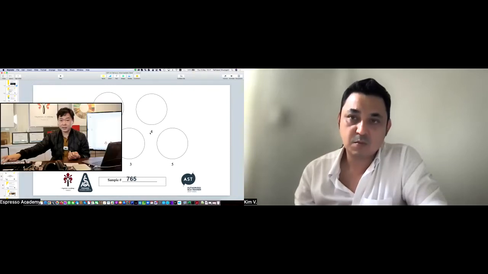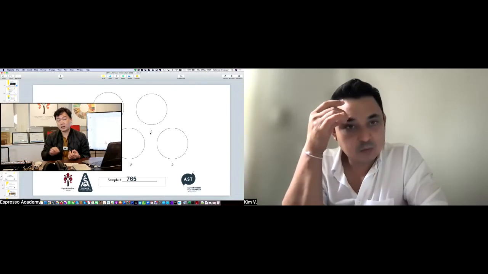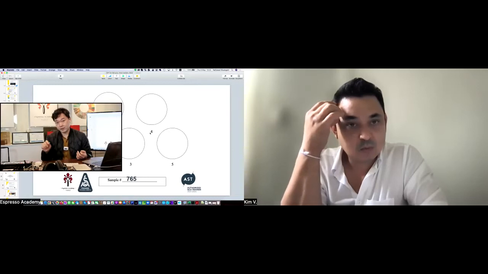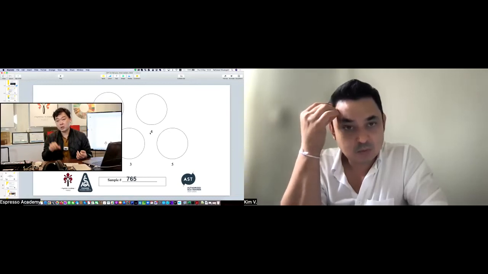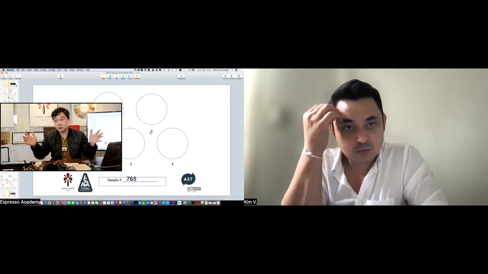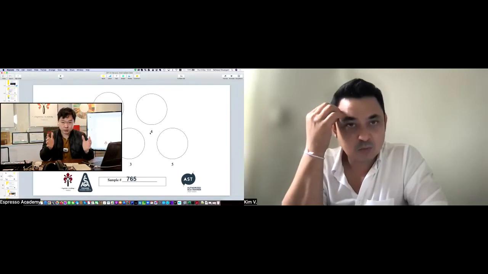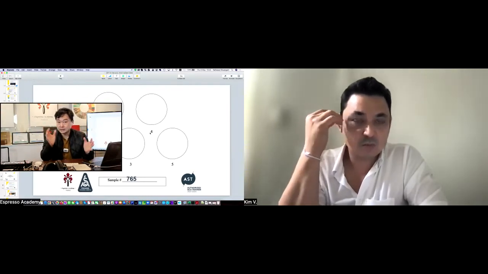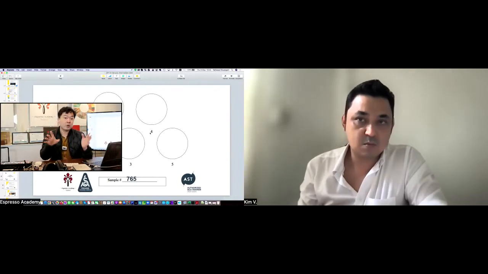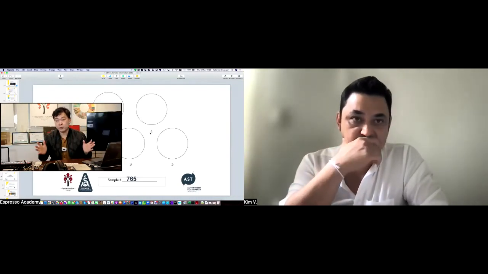Okay. Then the third one, the coffee needs to be cupped and score higher than 80. When we are cupping that coffee, we need to make sure that the coffee is good with good consistency throughout that 100 grams. The coffee may look good on green and on roasted, but when you taste it, if it tastes the same in cups 1, 2, 3, 4, and 5, that means the coffee is really uniform.